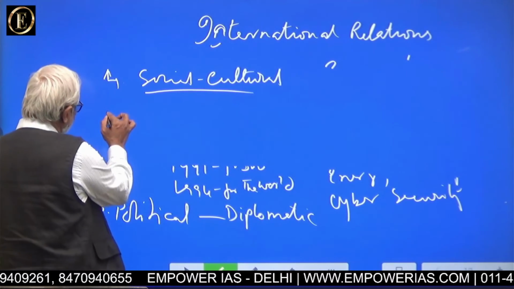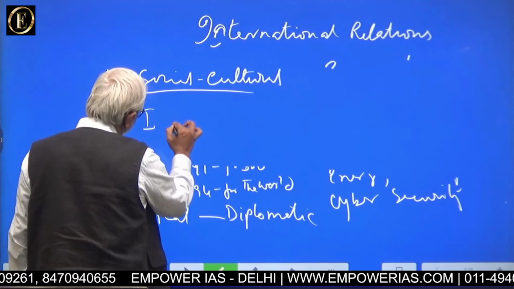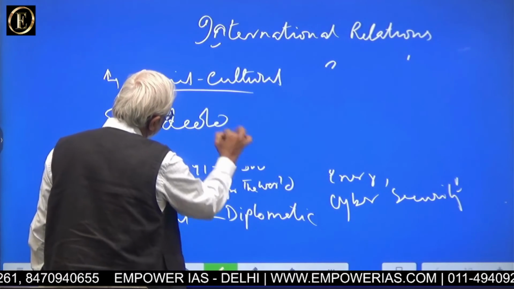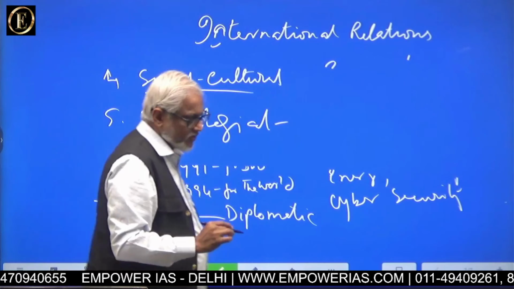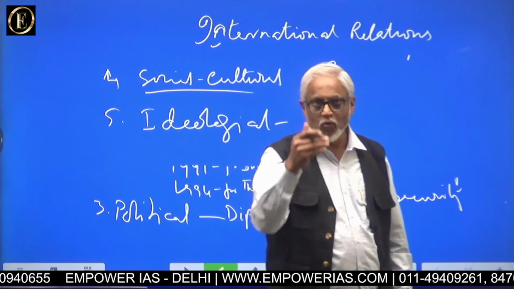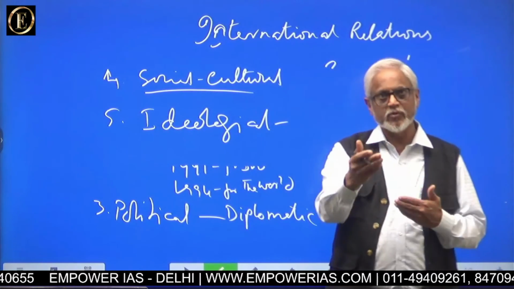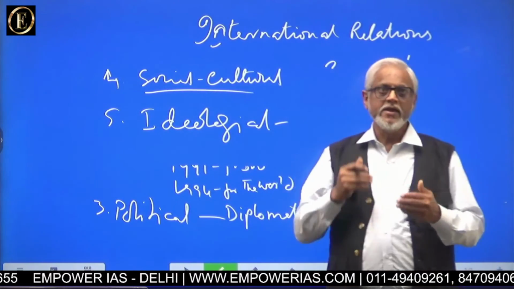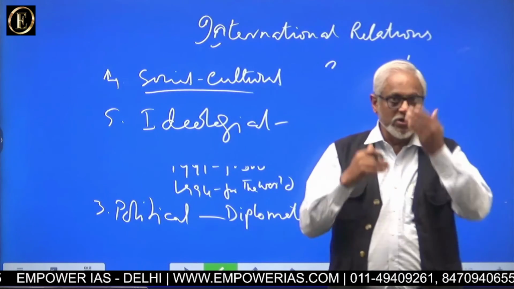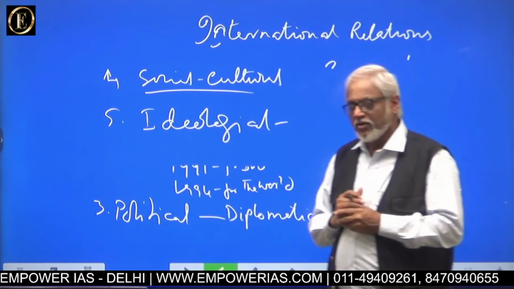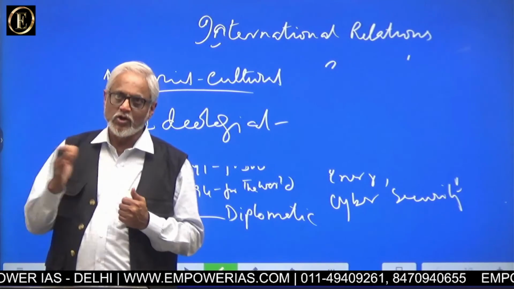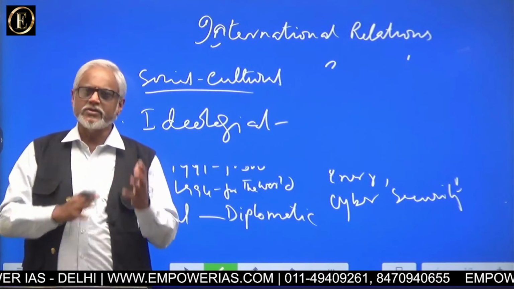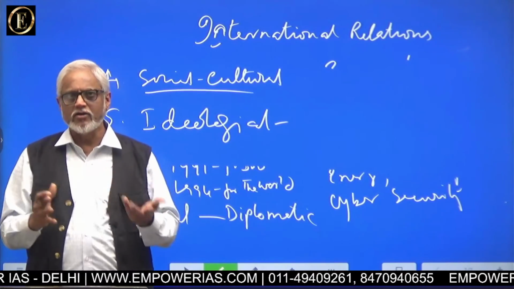And 5 is ideological. Like whether we will be pro-West or not, whether we will be very close to America or not, whether we will be very close to China or not. So there are various kinds of ideological considerations.